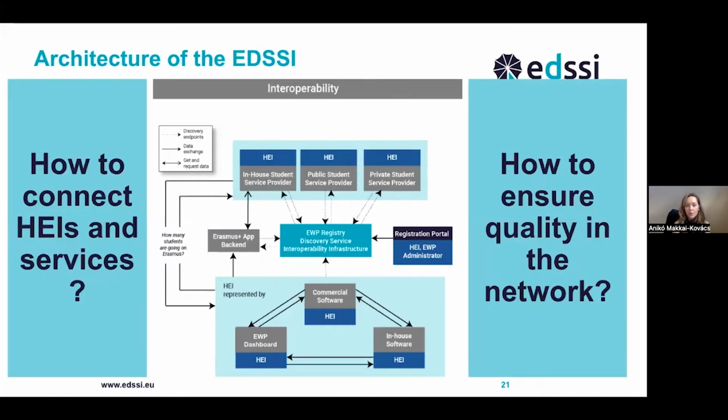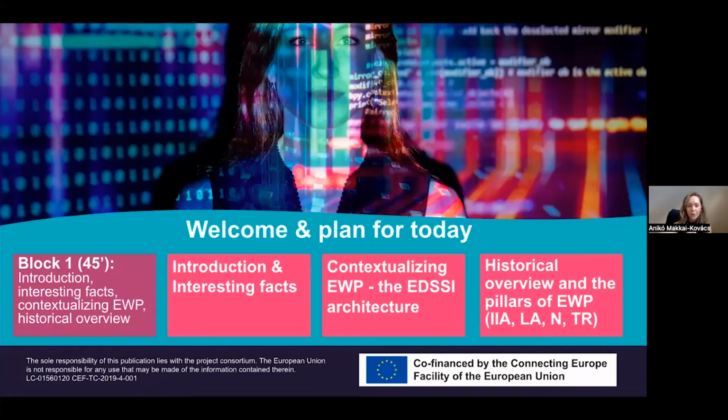EWP basically connects the dots between the different tools and the different stakeholders, and makes sure that there is generalized quality in the network and in the management of the Erasmus program on the European level in a digital format. But Paul will talk much more about this. So I am rolling on, hopefully with no more questions, and giving the floor to Paul.